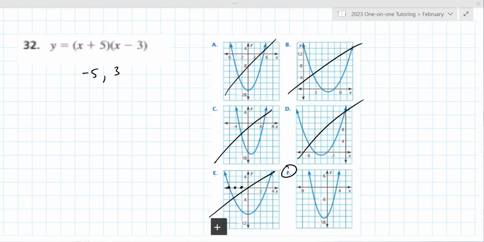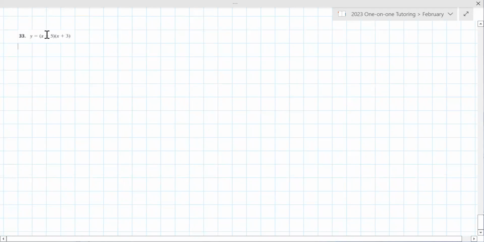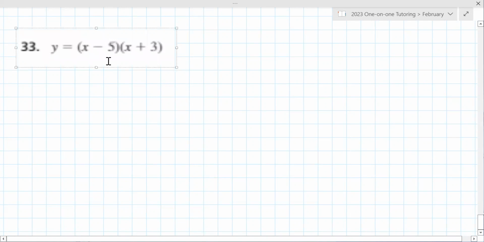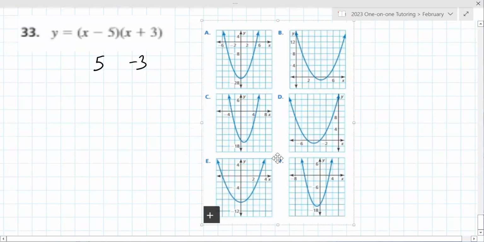I think it's almost harder to do it through my screen than to just look at your zoomed in graphs. So I'm trying to show these in a way that's helpful, but same issue here. You got 5 and -3 as your intercepts. And if I go back and grab all 6 of them, which one satisfies this? We already know D and F are out.